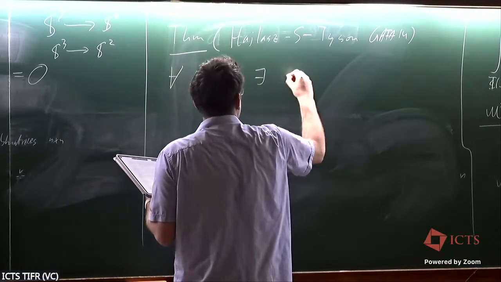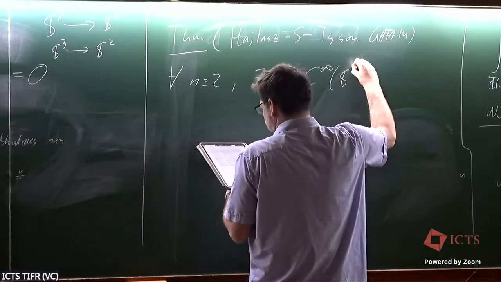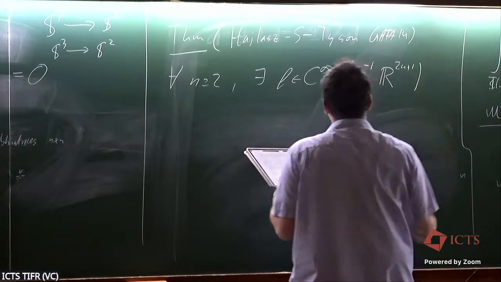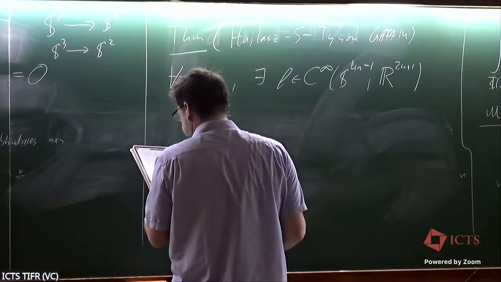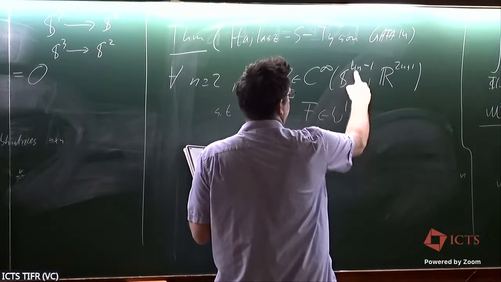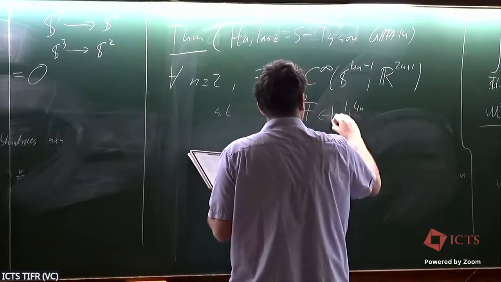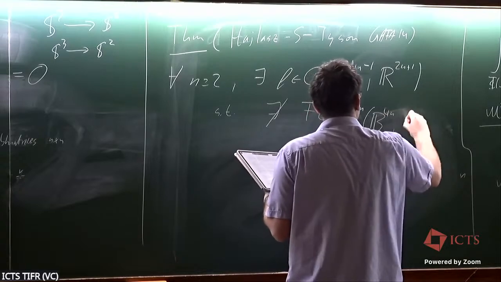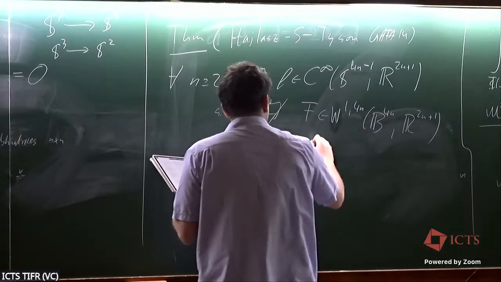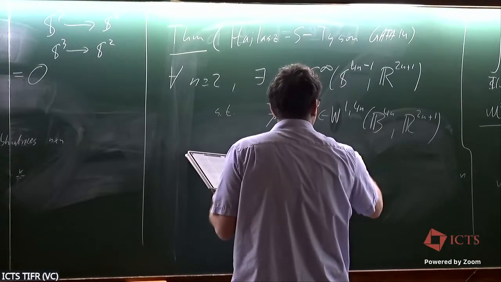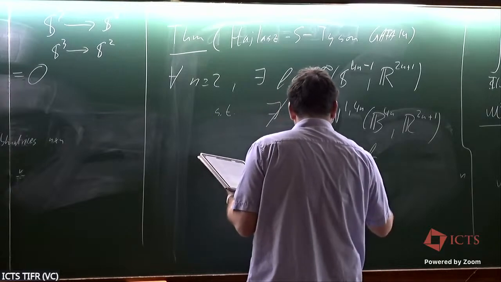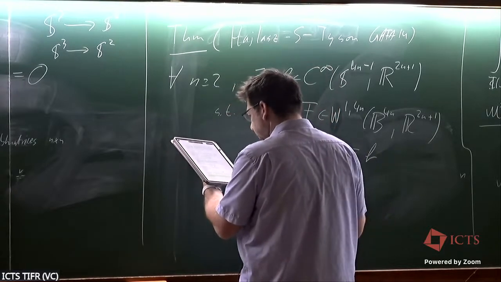There exists a smooth map, C infinity, from S^(4n-1), and now the numerology is terrible, I will simplify it in a second, into R^(2n+1), such that there exists no map F in W^(1,4n) of the 4n ball into R^(2n+1), such that F on the boundary equals little f, and the rank of df is less or equal to 2n.